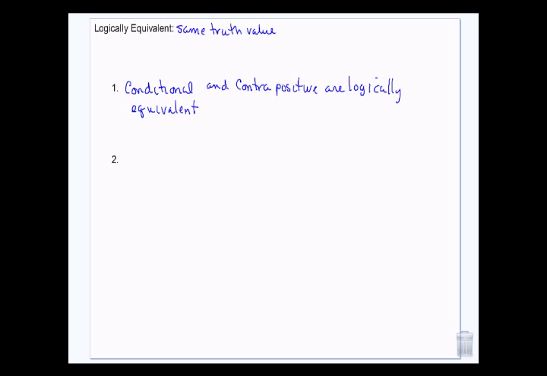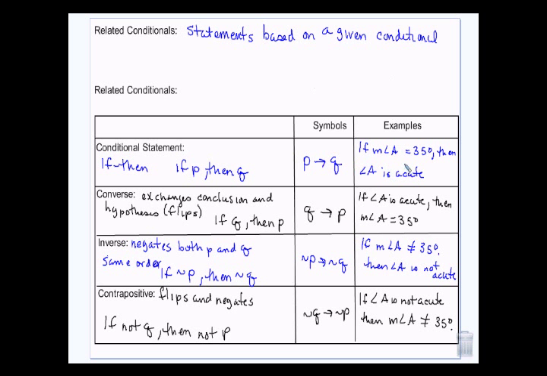And if we look at our example, I'm just going to back up for one second. Here's our conditional. If the measure of angle A is 35, then it is acute. That's true. If it's not acute, then it's not 35. Also true. So the conditional and the contrapositive in this case are both true.